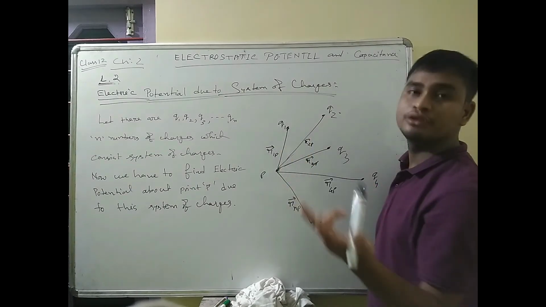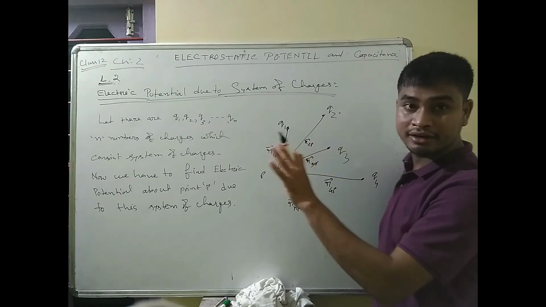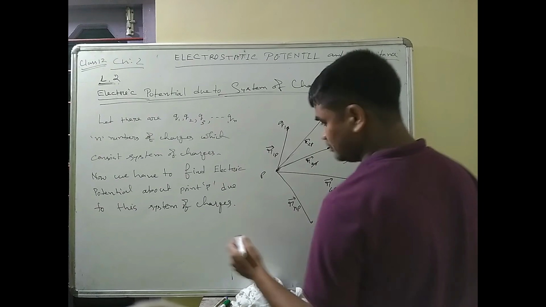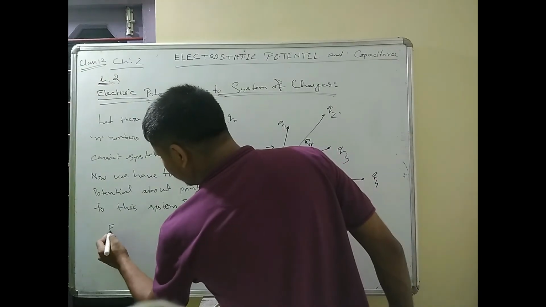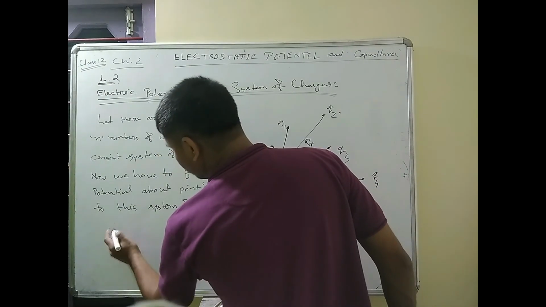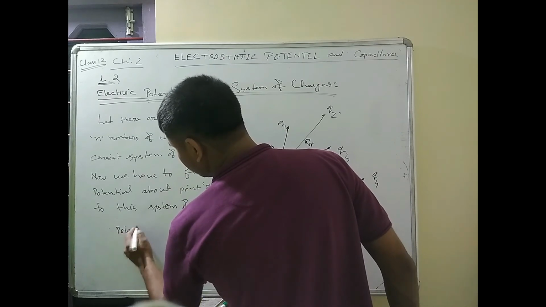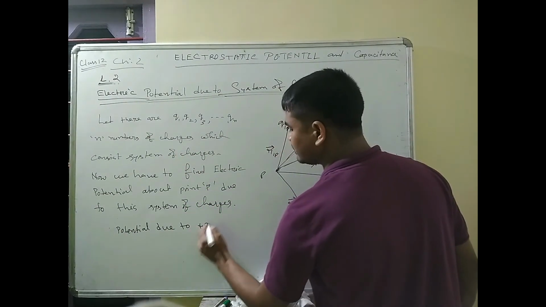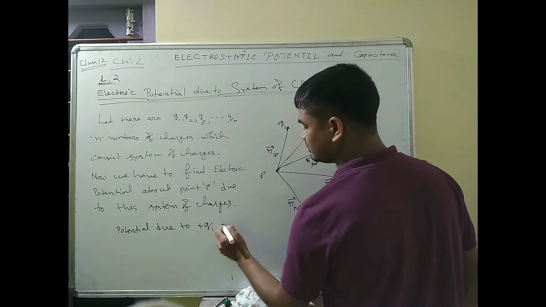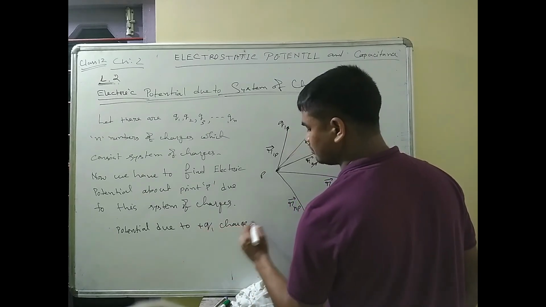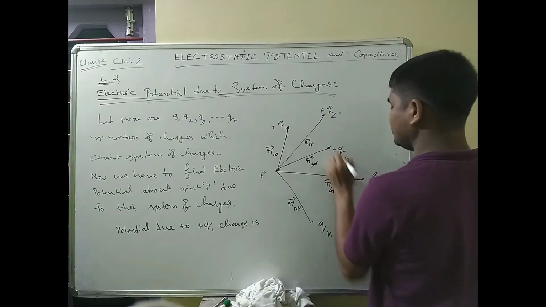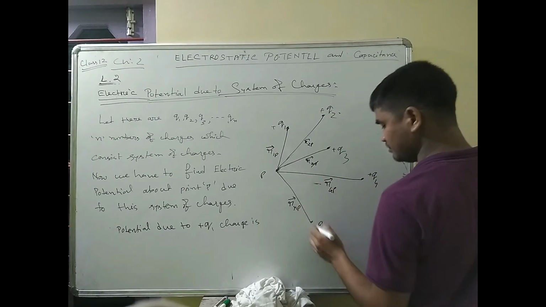Now we know the superposition principle from chapter 1: if we consider the force between two charges, the other charges will not impact it. So here we can write the potential due to the Q1 charge. All of these are plus Q charges, we consider.